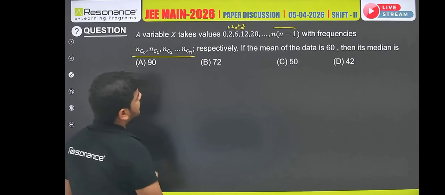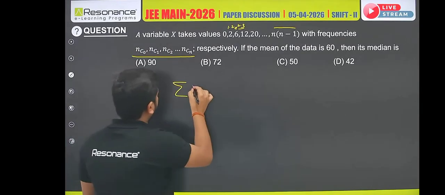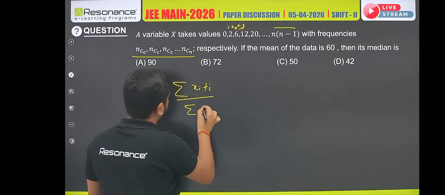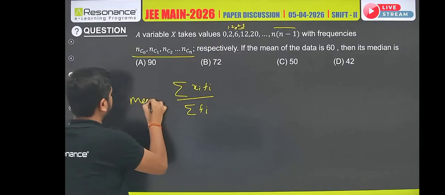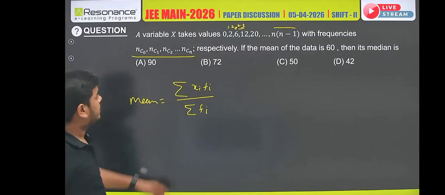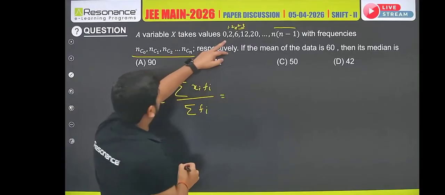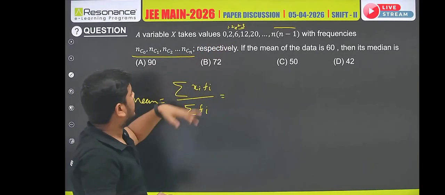Your mean will become Σxᵢfᵢ divided by Σfᵢ. This is your mean. So multiply 0 times nC0, 2 times nC2, nC1, and like this.